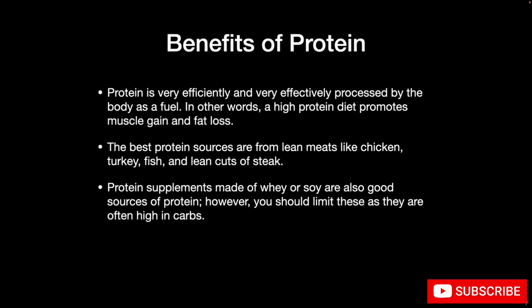So it can be misleading, and you have to look at the overall carbs in some of those supplements, and you'll see that they're actually pretty high compared to some chicken, turkey, fish, or even lean cuts of steak.